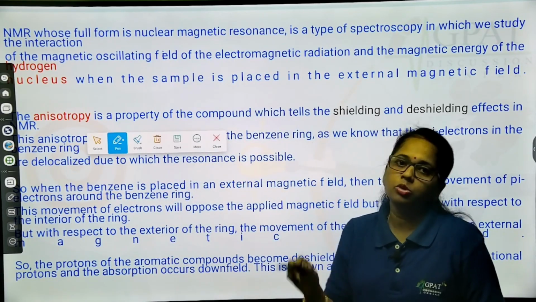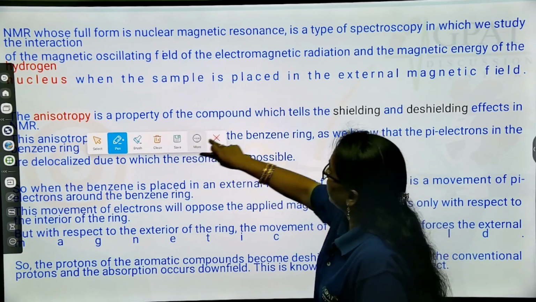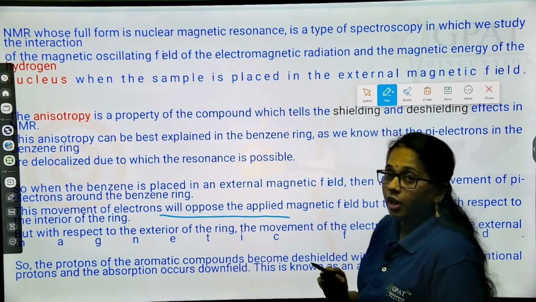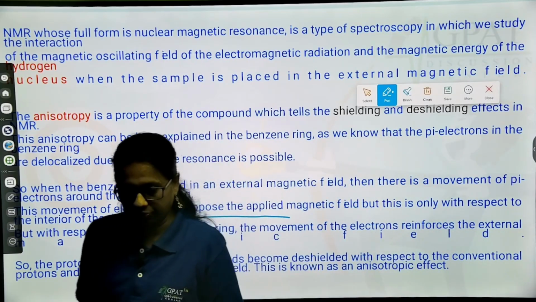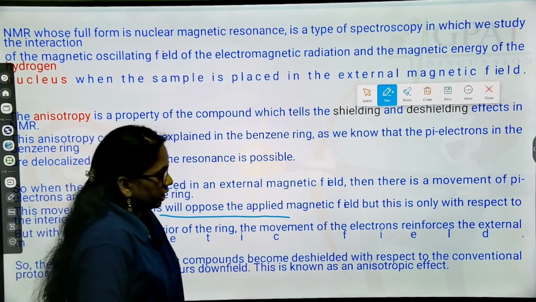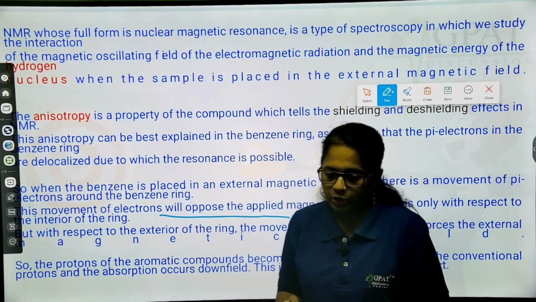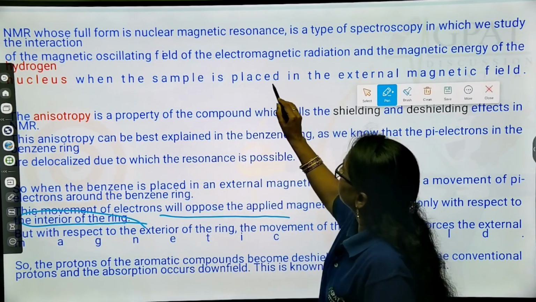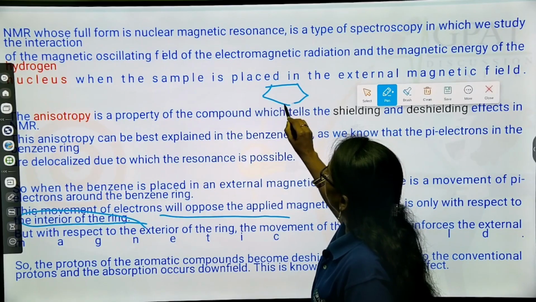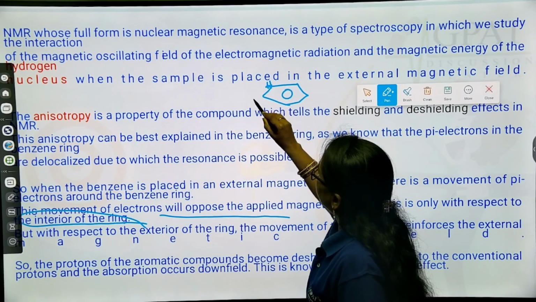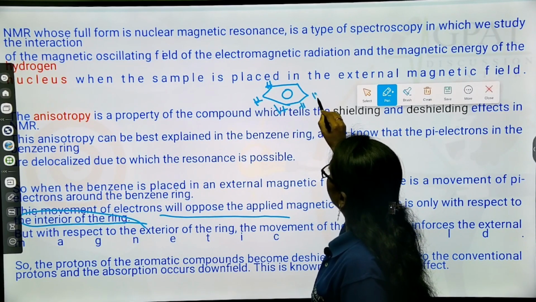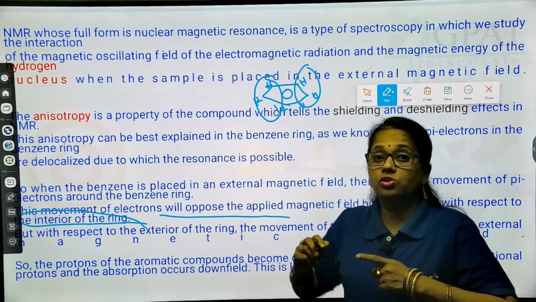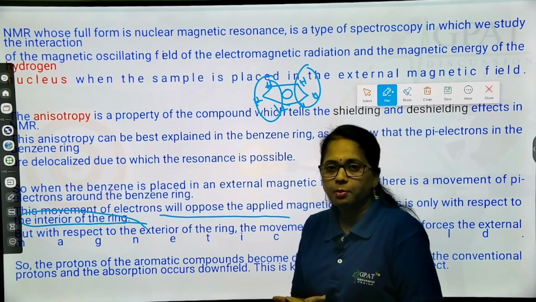That movement of the electrons will oppose the applied magnetic field. This is with respect to the interior of the ring, that is, due to the benzene ring. So this movement of the electrons opposes the external magnetic field.